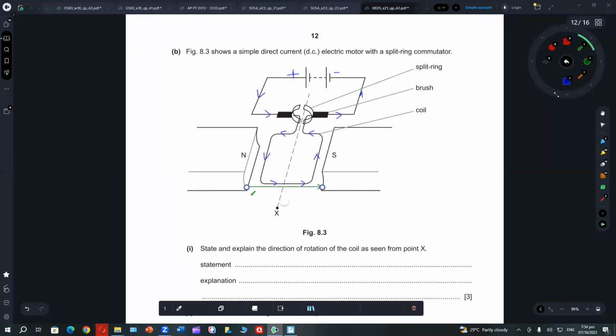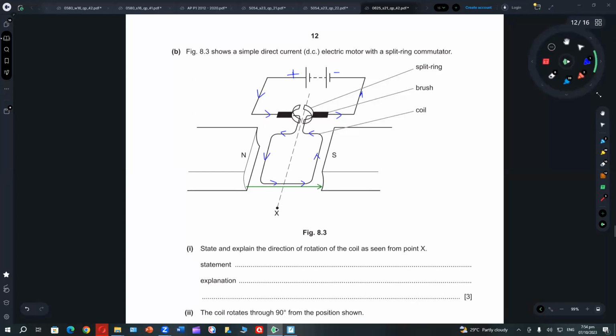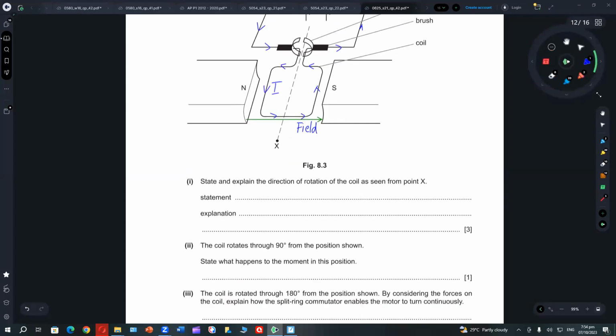This is the magnetic field, I have shown the current. This is current and this is field. Apply Fleming's left-hand rule.